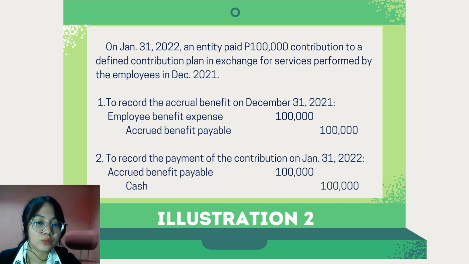So, for the second entry, to record the payment of the contribution on January 31, 2022, we debit accrued benefit payable for 100,000 pesos and credit cash for 100,000 pesos. So, ayun, nung nakapag-contribute na, actual na nabigay na yung cash on January 31, ito na yung naging entry natin.